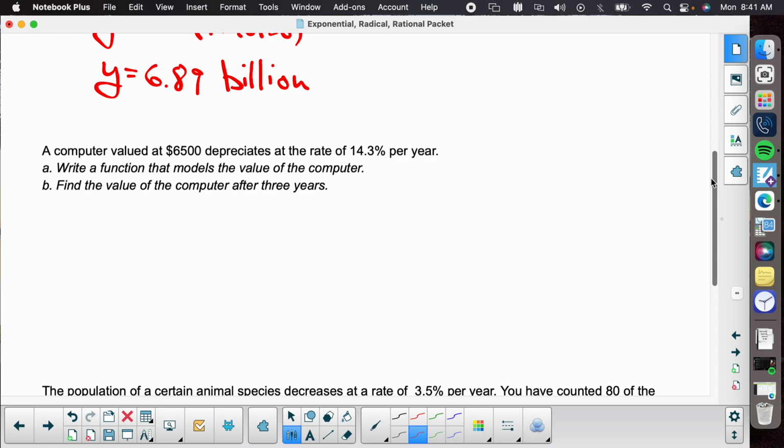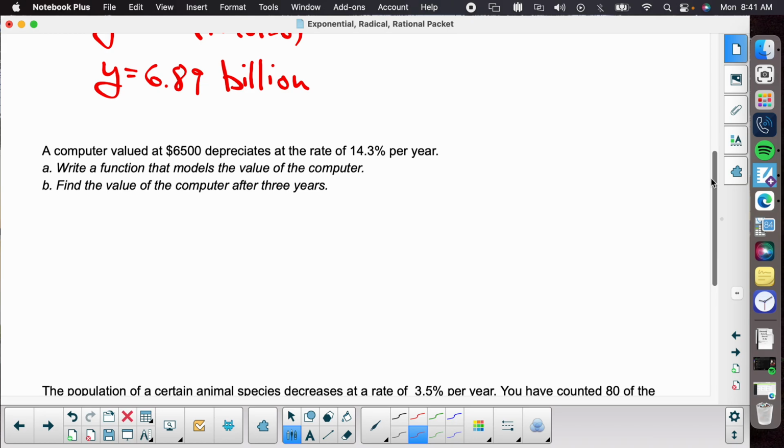Okay, you buy a computer for $6,500, which should be a good computer. It says it depreciates at the rate of 14.3% per year. Let's start with the word depreciates. Have you heard that one before? Okay, does it mean bigger, smaller, up, down? Down, correct.